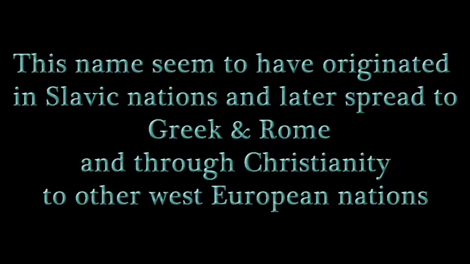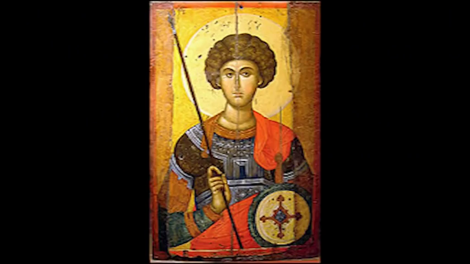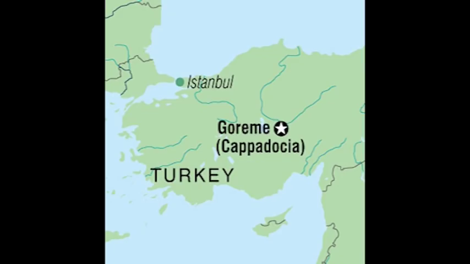This name seems to have originated in Slavic nations and later spread to Greek and Rome, and through Christianity to other West European nations. There was one George who is thought to have been born into a noble Christian family in late 3rd century in Cappadocia, an area which is now in Turkey.